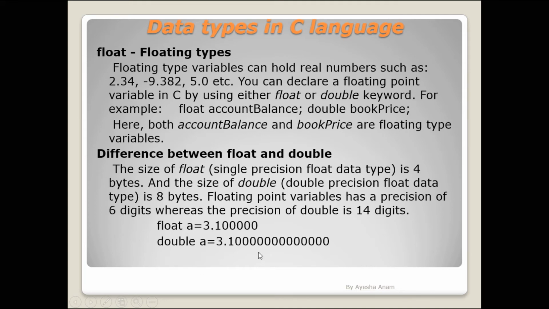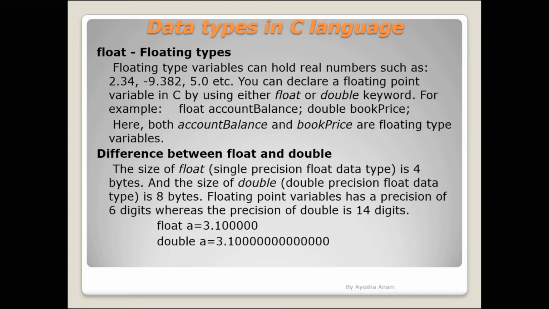For example, I have declared here a is equal to 3.14. If it is of float type, it will be printed like this with 6 precisions, and when we declare the same variable with double, then it will print like this with the 14 digit precision. So I think you understand difference between the float and double.